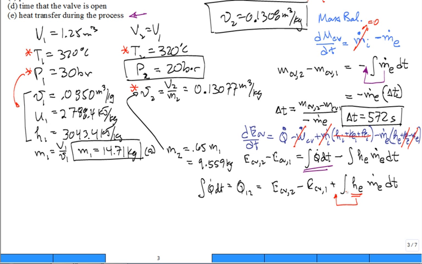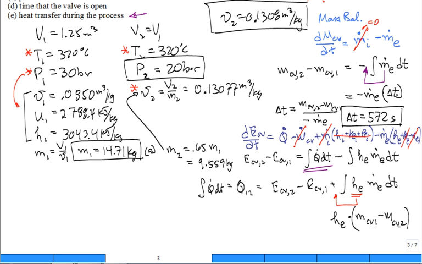If that's true, then you just get the exit enthalpy times the mass that left, which would be the initial mass minus the final mass. Wouldn't that be the amount that left? We started with a bunch, we ended with a little, some of it left, that's how much left.